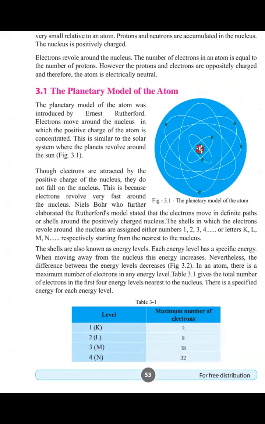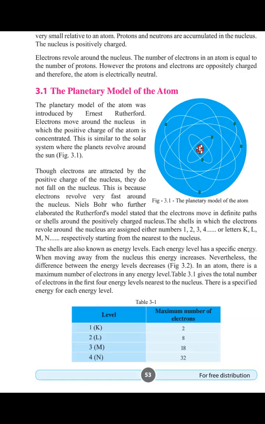He gave numbers to these levels or shells where the electrons are moving as 1, 2, 3, 4 levels or KLMN shells or energy levels.